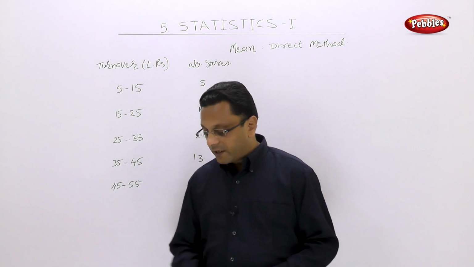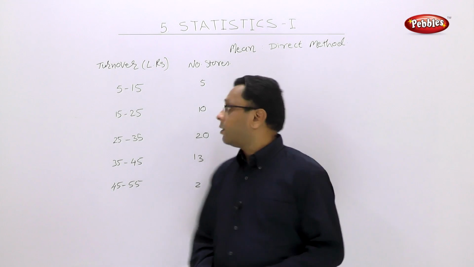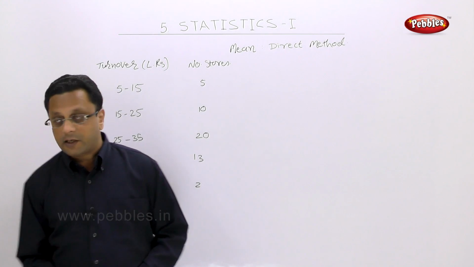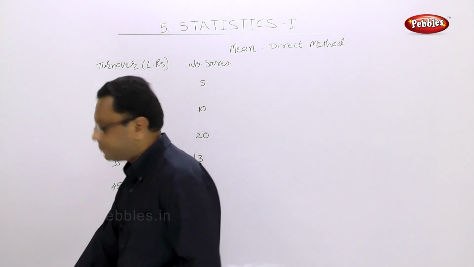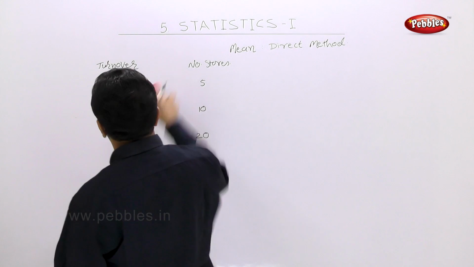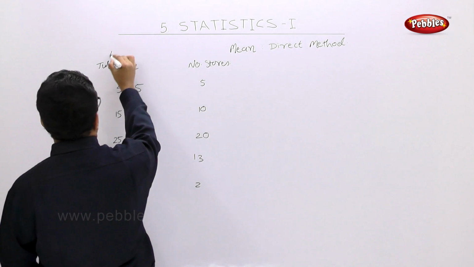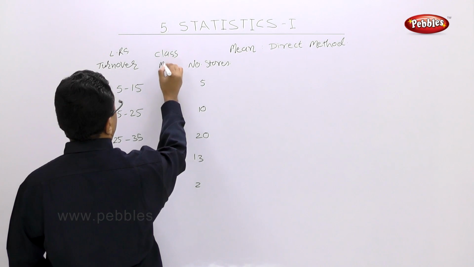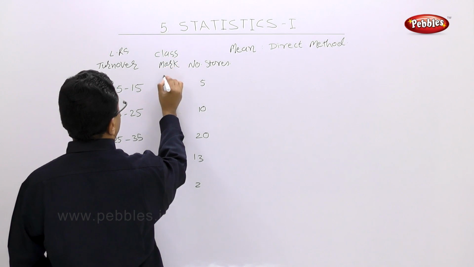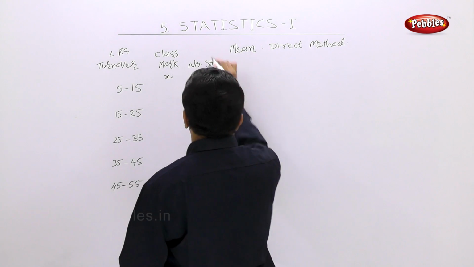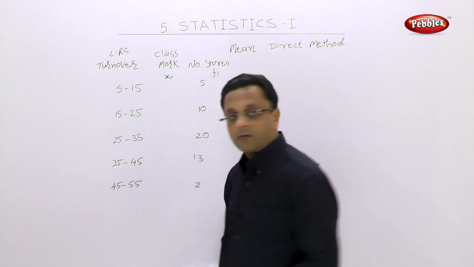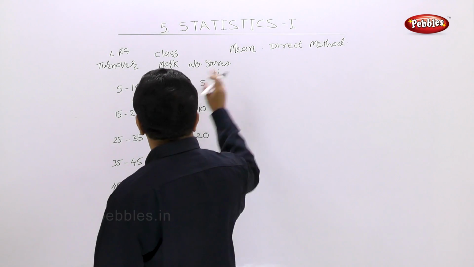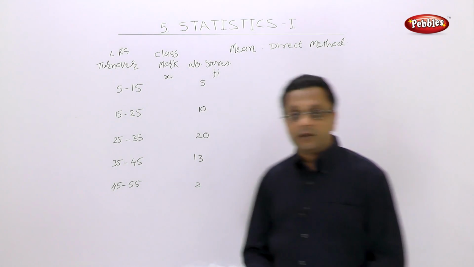Now let us find out how to work on this. Whenever you are given the class interval, we have to find out the class mark. So here the class mark is xi, and the number of stores is the frequency, that is fi.